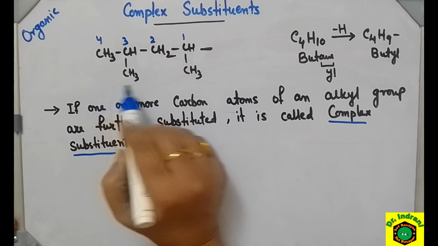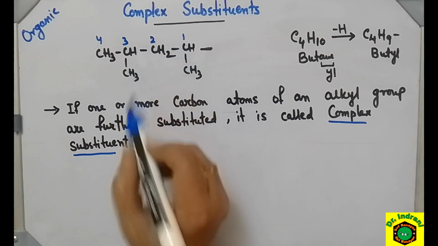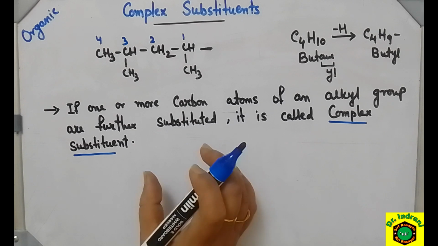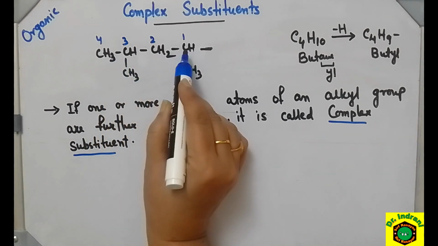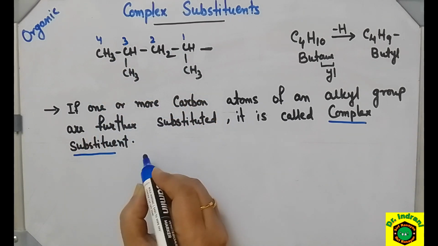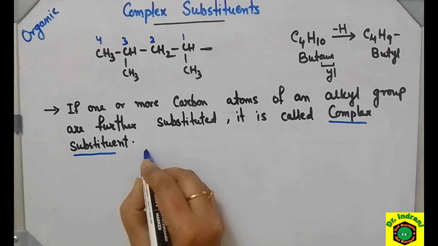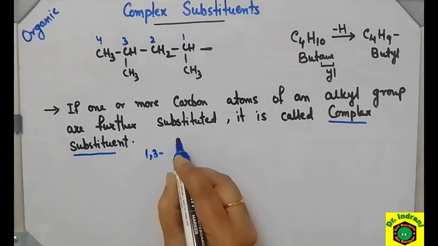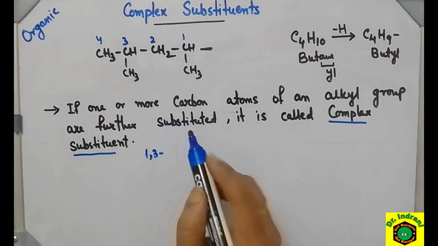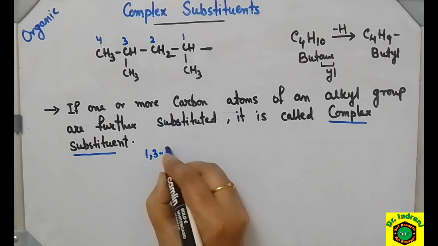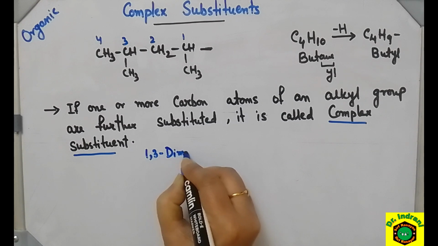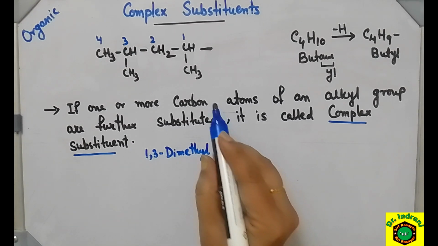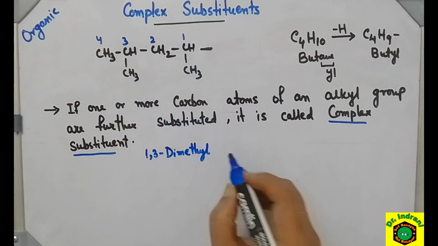So how will you do the IUPAC naming? First you have to write the secondary prefix. So here at 1 and 3 positions methyl groups are there. So you have to indicate that position: 1,3 hyphen, 2 methyl groups are there, so you can write dimethyl. Then what is the main chain?